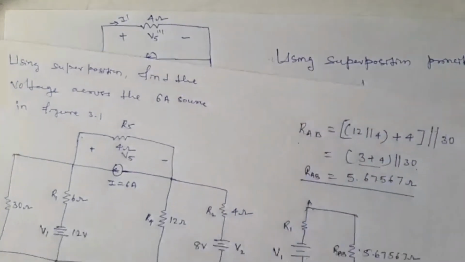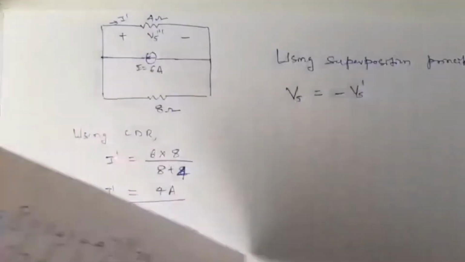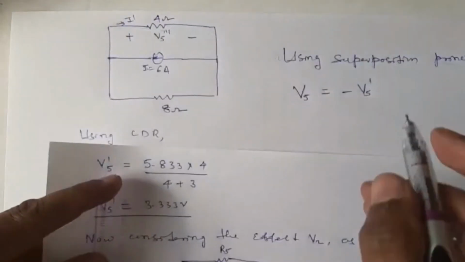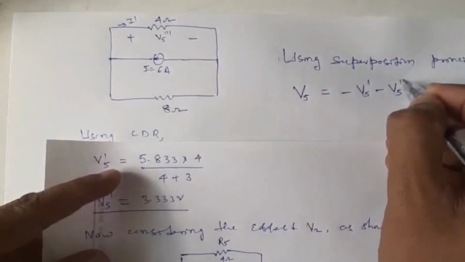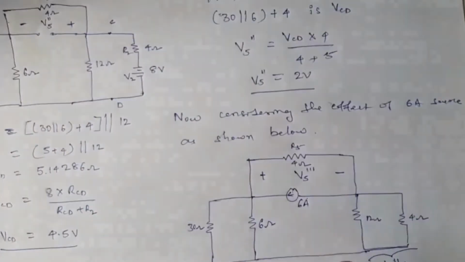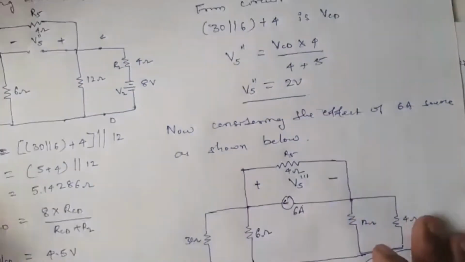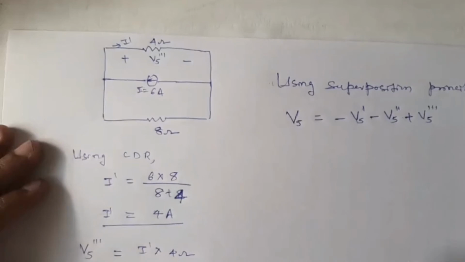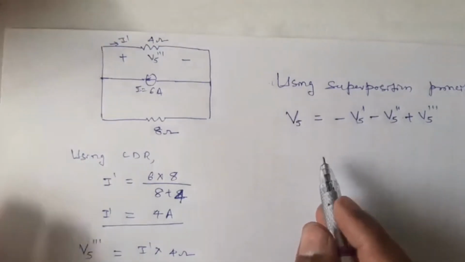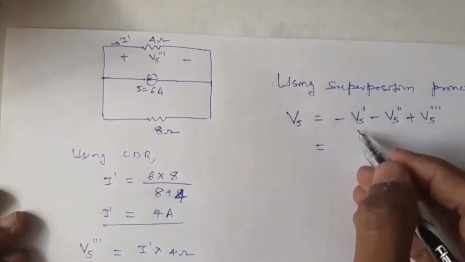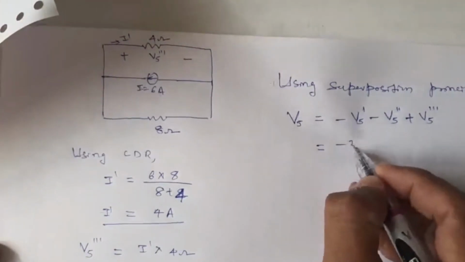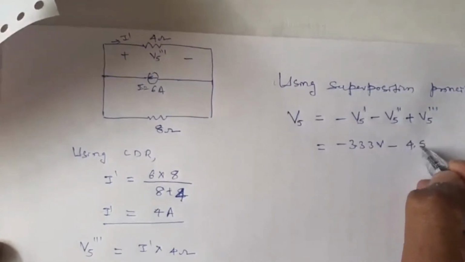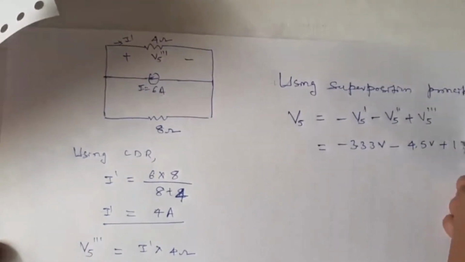And V5 double dash, we should see. Look at this, V5 double dash is also minus positive, so minus V5 double dash. And now if you see V5 triple dash, it is plus minus, so this is plus V5 triple dash. And now if you add up all of this, how much do we get? V5 dash is minus 3.33 volts, minus V5 double dash, plus 16 volts.